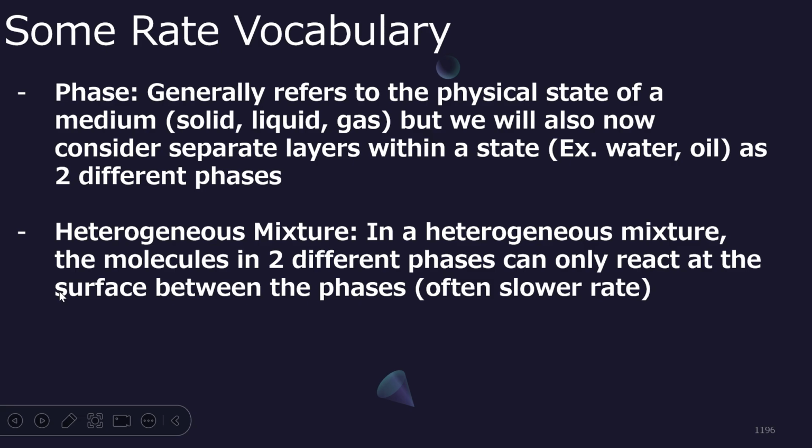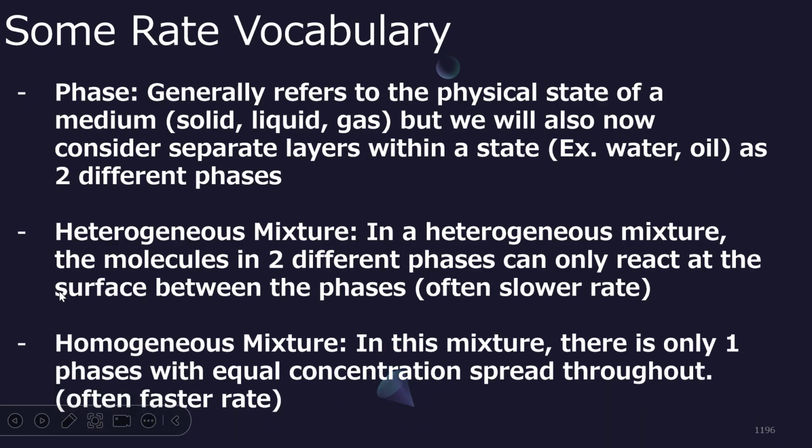If you imagine a chocolate chip cookie, for example, there's the phase of the butter and egg and batter, the cookie part, and then chocolate chips. Those are different phases within the chocolate chip cookie solid, and that is a heterogeneous mixture, therefore. So heterogeneous mixtures, where we're trying to react things in different parts of that mixture, often have a slower rate. For that reason, there's minimal surface area where there can be interactions.